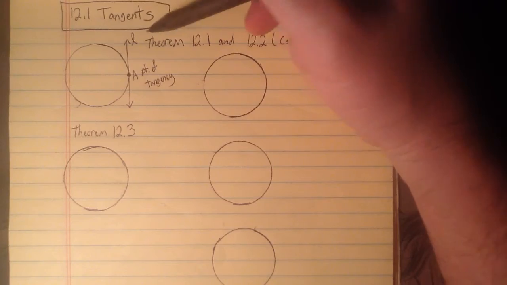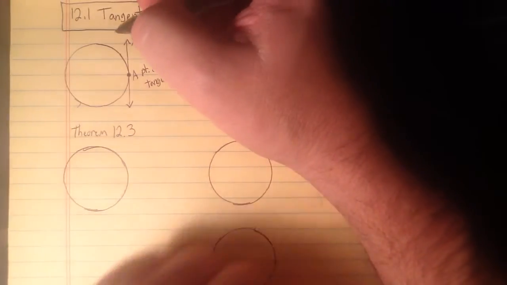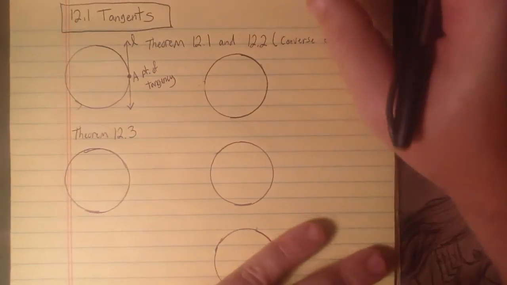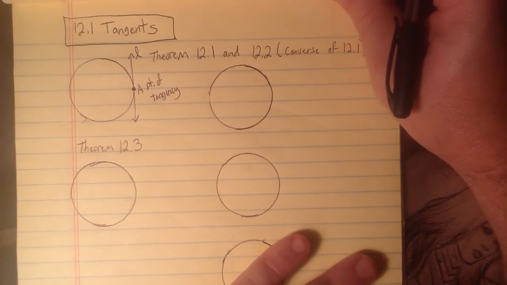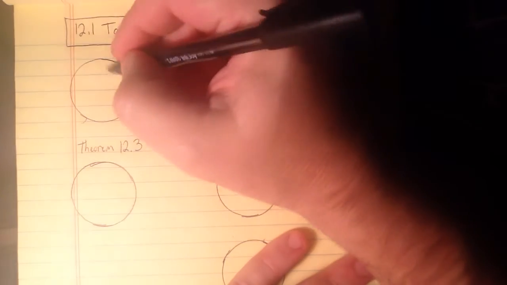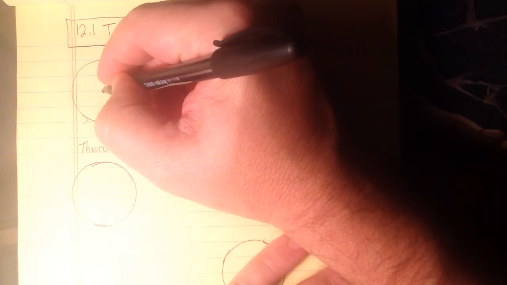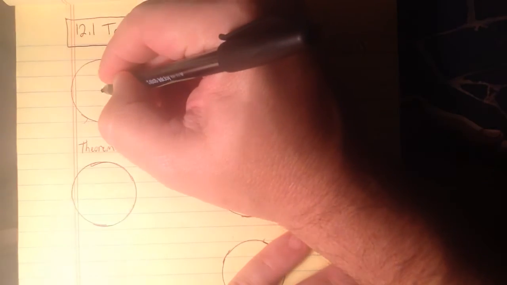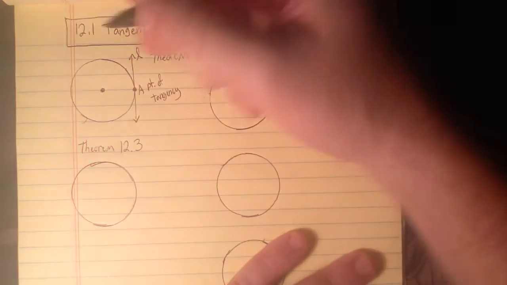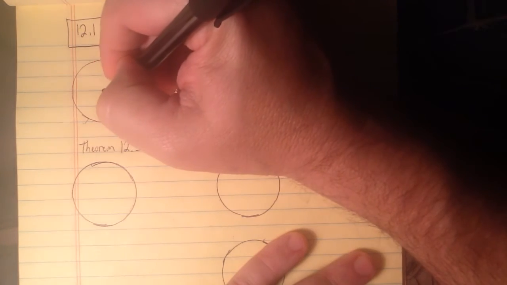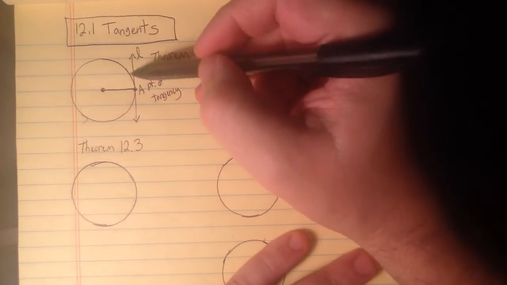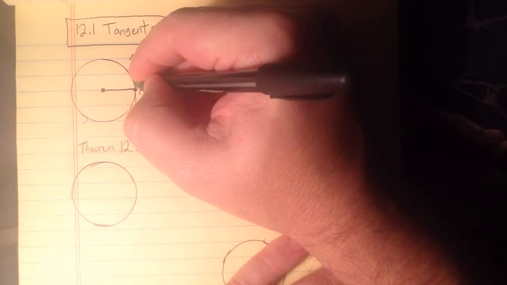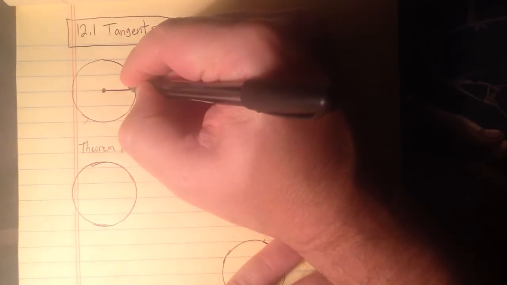And so theorem 12.1 states that if you have a tangent line to a circle, then it has to be perpendicular with the radius of that circle that meets it at that point of tangency. So if we've got this radius and it actually connects to A, then it must be perpendicular to it. So this right here must be a right angle.